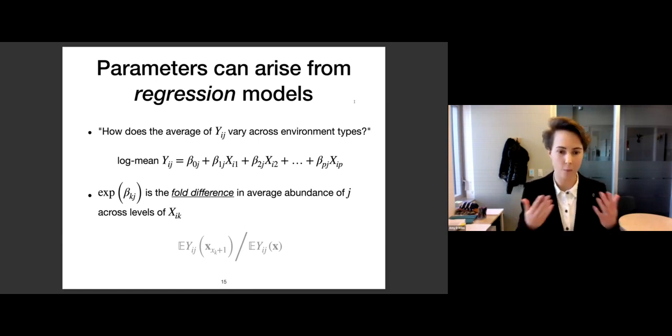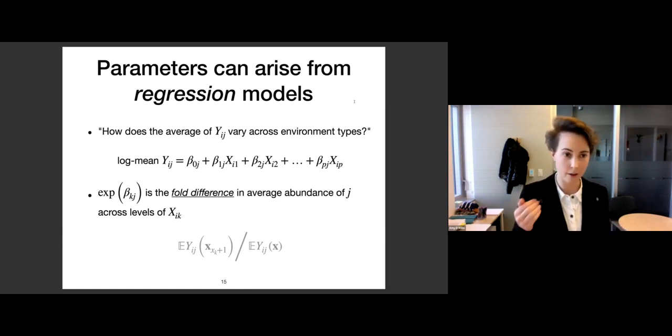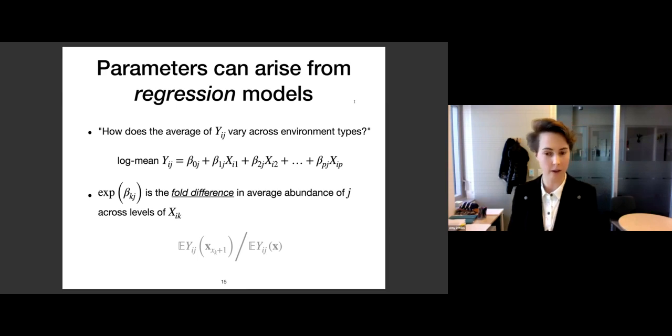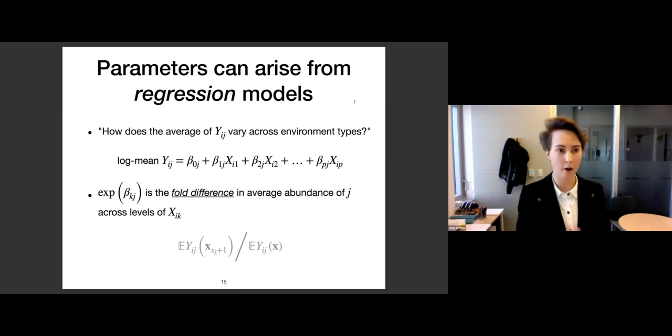Okay, so in this case, our parameters beta, the parameters of this regression model, can be interpreted as fold differences in the average abundance of a microbial category, let's say the jth one, across levels of the kth covariate. So we're thinking about the exponentiated version of beta kj, and therefore the fold difference in the average abundance of that jth category across the levels of the kth covariate.